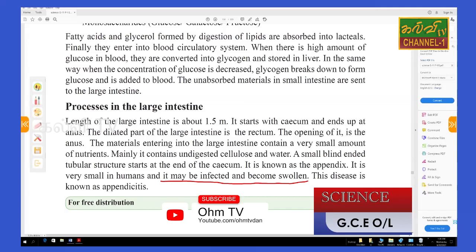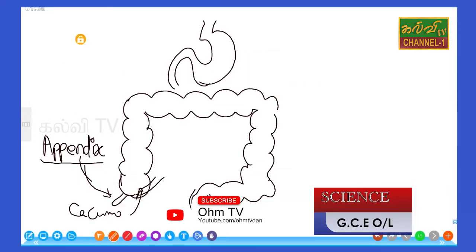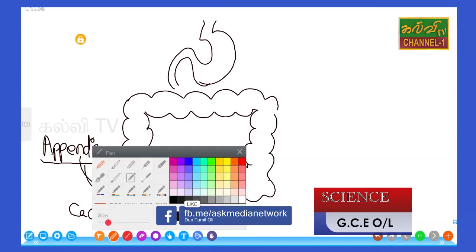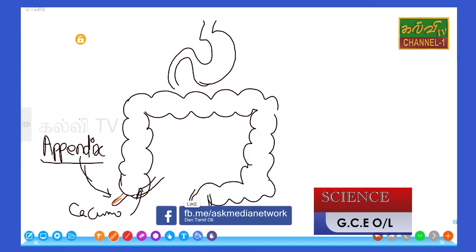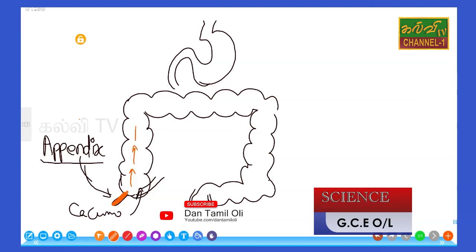What is appendicitis? Sometimes in this part, in the appendix, when food moves through, it is possible to have some pathogens, bacteria in this area.